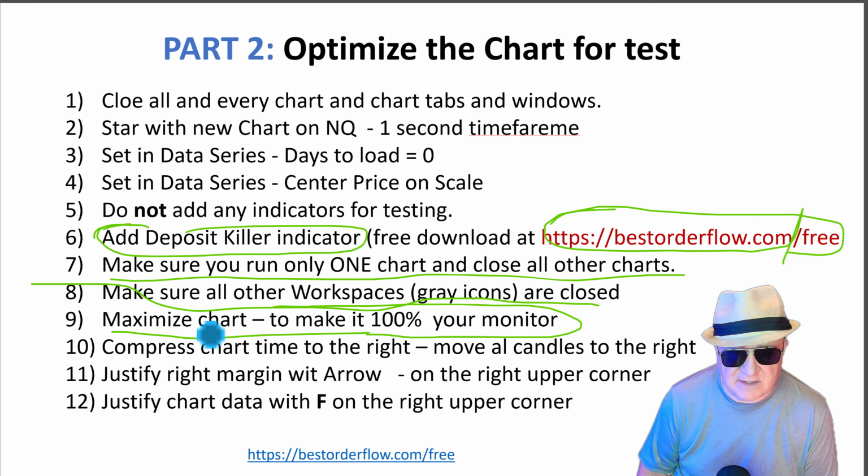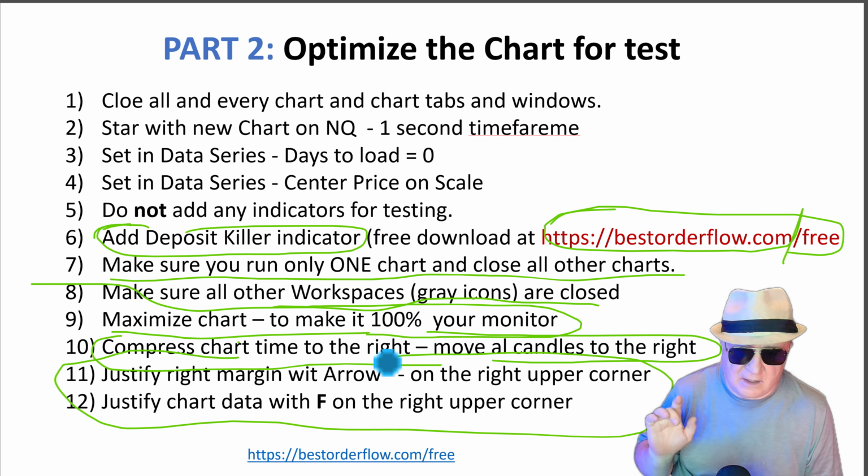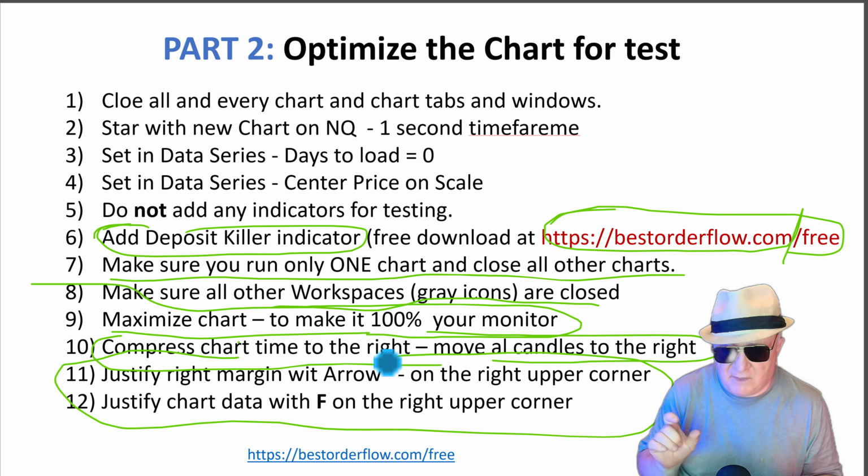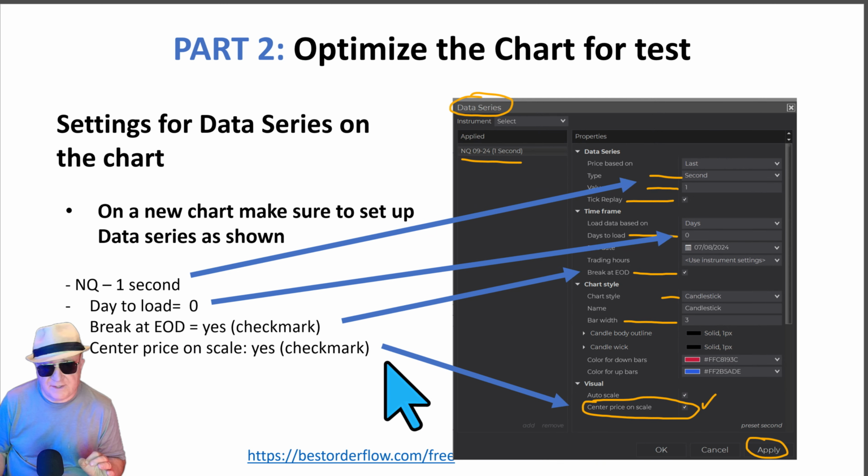So maximize the chart to 100%, make it maximum, and then compress the chart timeline to the right to move all candles to the right. Click on the arrow and the F button to justify the margin from the right and justify it vertically. And here's how we're going to optimize the particular chart for testing.